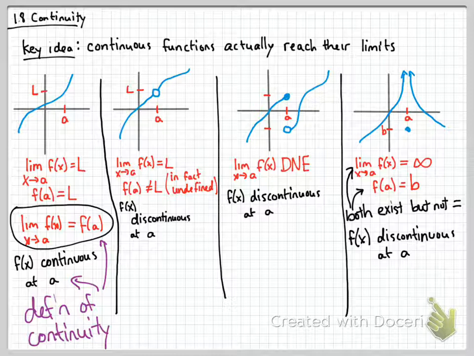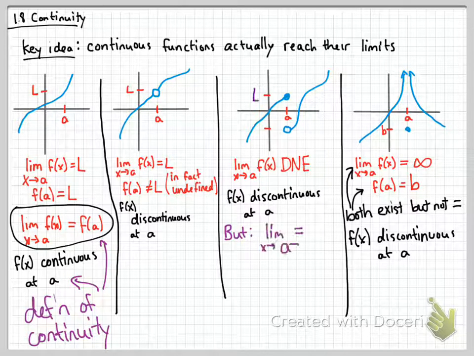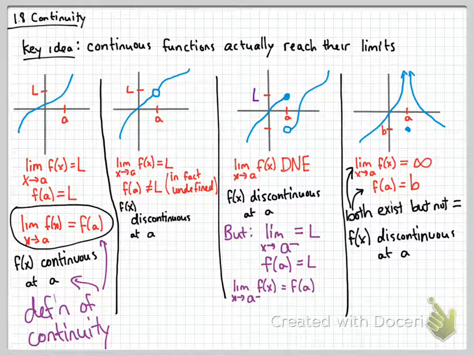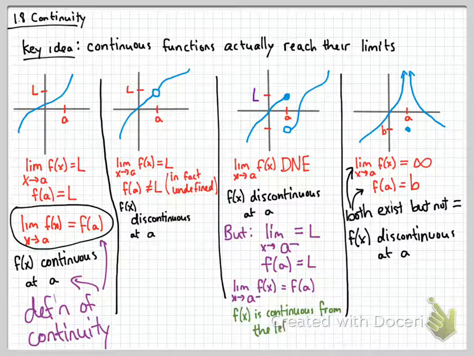There's a slightly different thing I want to talk about now in this third example. Here the limit didn't exist, but the limit from the left does exist as x approaches a from the left. Okay? And the value of the function at a is also equal to that number, L. So the limit from the left equals the value of the function, and that makes it not continuous, but continuous from the left.